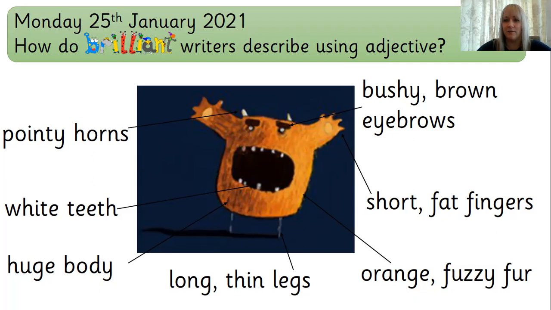So I've had a go at making lots of adjectives here on this picture of this monster. So you can see here is my monster, and he has got some very big pointy horns. They are white pointy horns. I've also said he has some bushy brown eyebrows, and here are his bushy brown eyebrows.